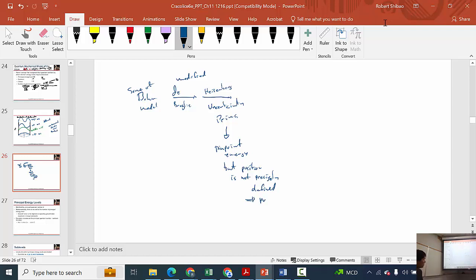We look at it in terms of a probability of finding the electron. This probability is given off as what we call the electron cloud.